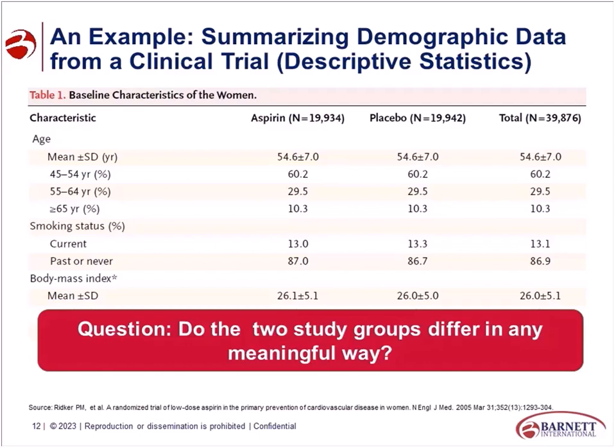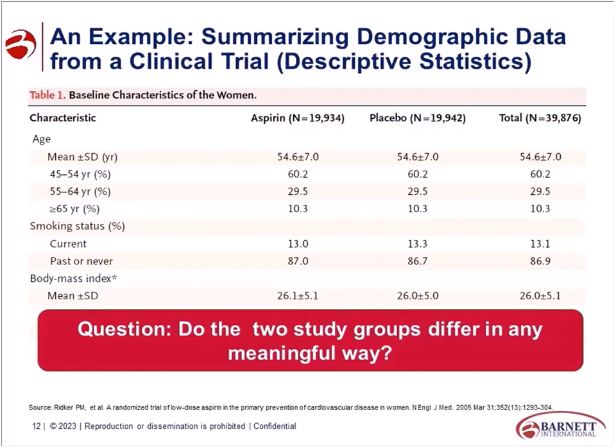So here's the randomized trial of low-dose aspirin in preventing cardiovascular disease in women, with the 39,876 women in this study. Half of them were randomized to low-dose aspirin. Half of them got a placebo, a double-blind, randomized trial. And basically, we often talk about randomization working by looking at the baseline characteristics. You notice that the average age between these two groups is about 54, 55 years old.